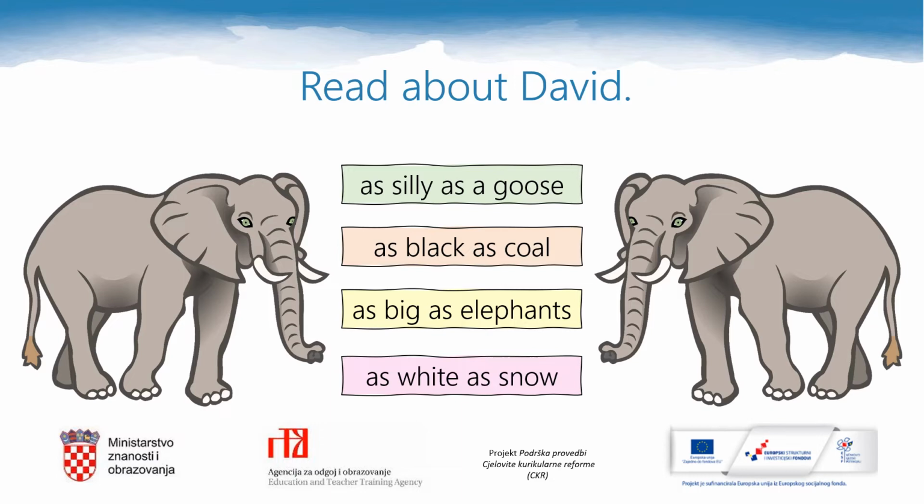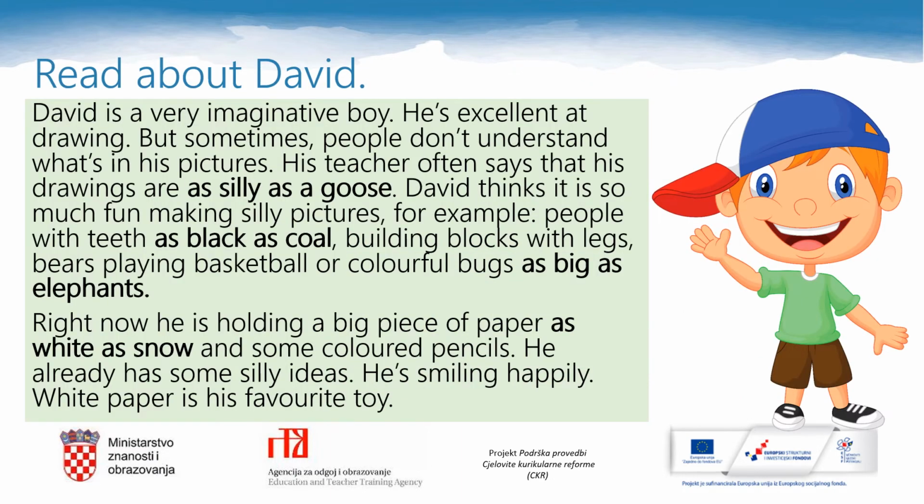As silly as a goose, as black as coal, as big as elephants, as white as snow. And here is the text about David. You can read it. Pause the lesson and take as much time as you need. Are you ready to move on? Let's go.